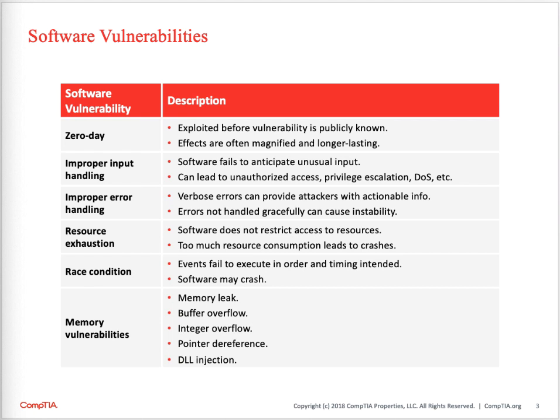Anyway, so buffer overflows. This happens when data goes past the boundary of its assigned memory buffer and can corrupt adjacent memory. So we basically have memory slots in our computer, right? Everything you do or save on a computer needs some memory to be used.